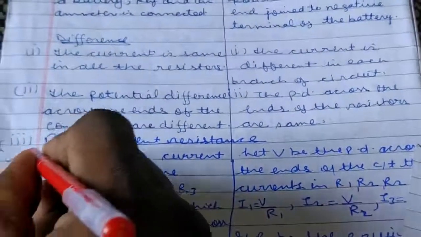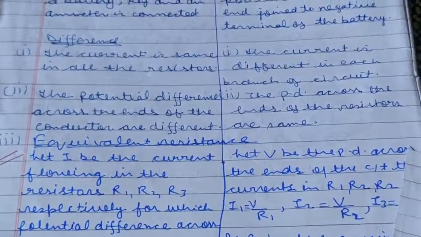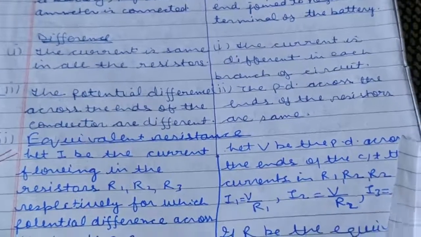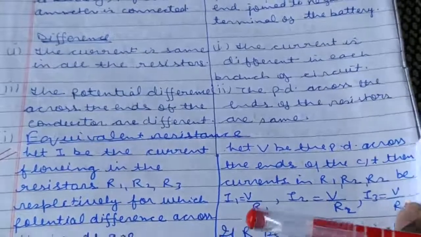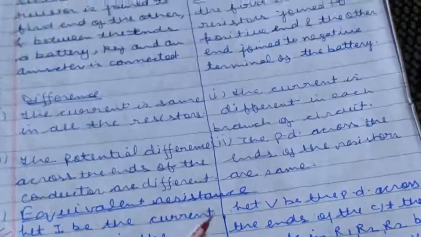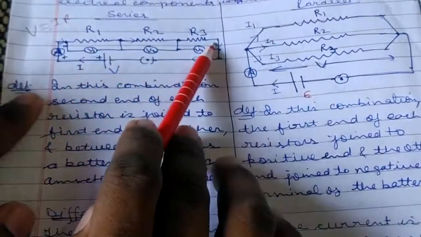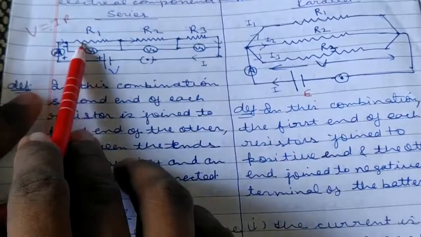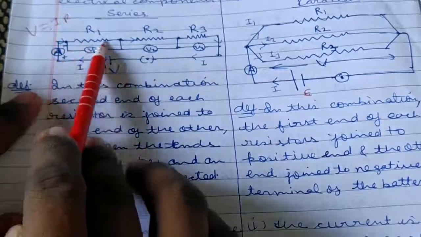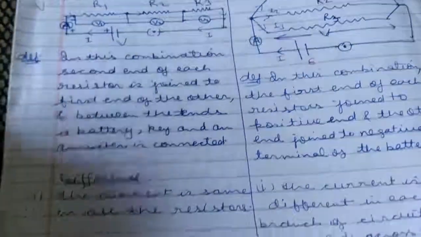Now this is the most important part, equivalent resistance, because if you have to carry on the numerical, first you will calculate the equivalent resistance. Suppose in the same diagram I have assumed that R1, R2, R3 are three resistances and current I is flowing. Then how can you calculate the equivalent resistance of this combination?